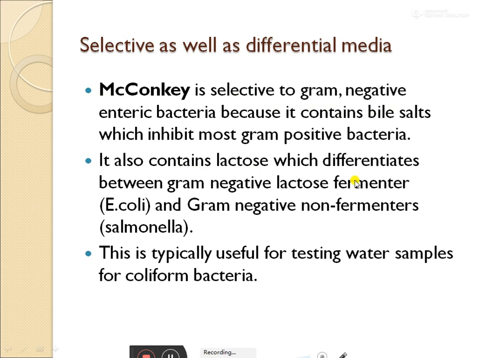It contains lactose which differentiates between gram negative lactose fermenter and gram negative non-fermenter. For example, E. coli, which has the ability to ferment lactose, will show pink colony, and gram negative bacteria which do not have the ability to ferment lactose, for example Salmonella, will appear as colorless colony. This is typically useful for testing of water sample for coliform bacteria.